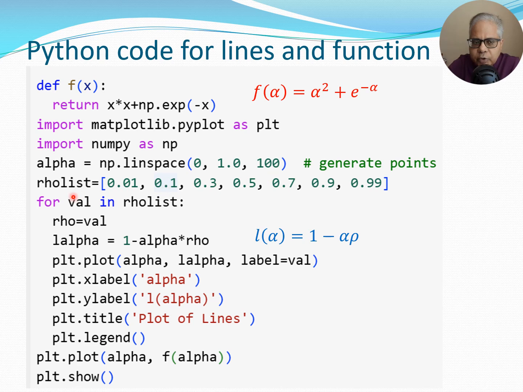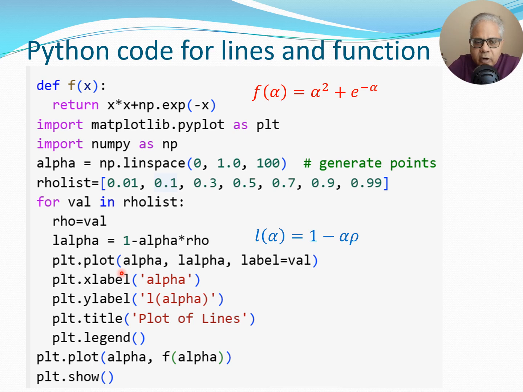Now I also create a list of all the rho values from 0.01 to 0.99, which we gave in the problem in the previous slide. Now I create a for loop, that is for val in rho list. This val is a thing you can use in Python, and what this for loop will do is go through all these vals here. So I set rho is val, and then I calculate the equation of the line here, and then I invoke various functions which are built into the matplotlib library.